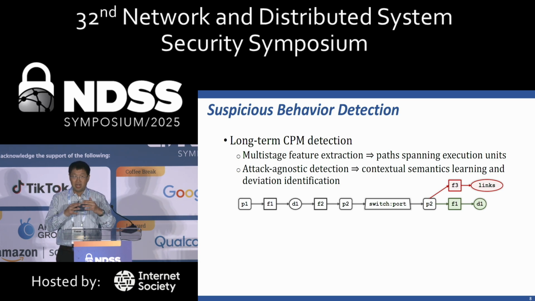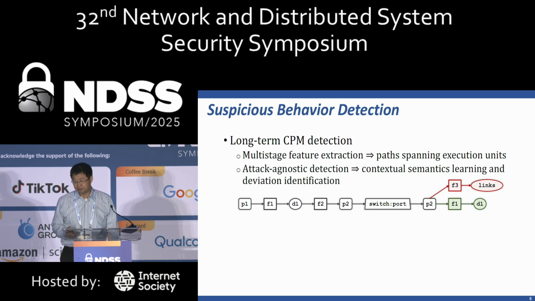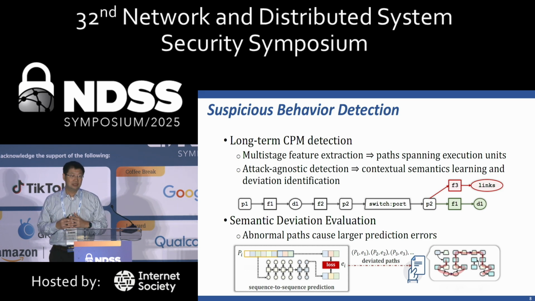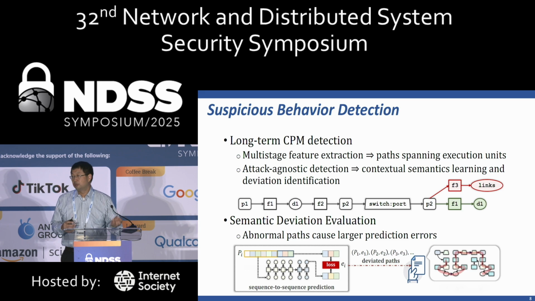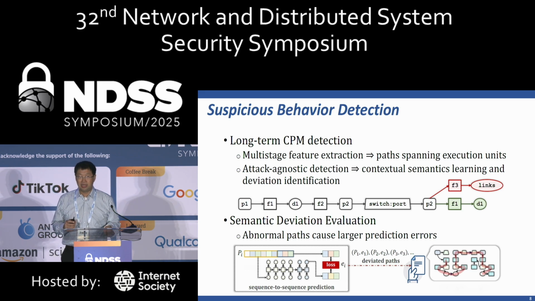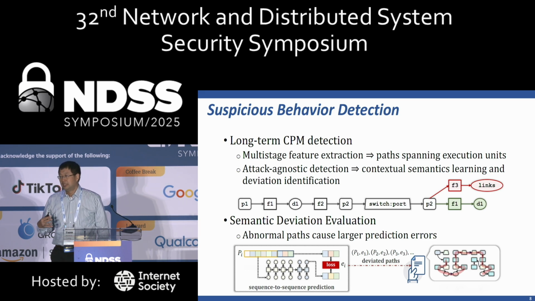So that is a data operation that can have impact on the control plane messages. Based on this representation, potentially we have different ways to represent the normal behavior or to represent the malicious behavior.